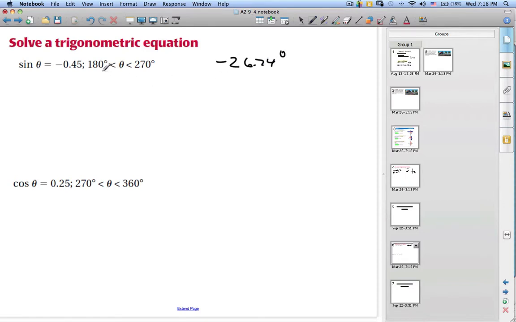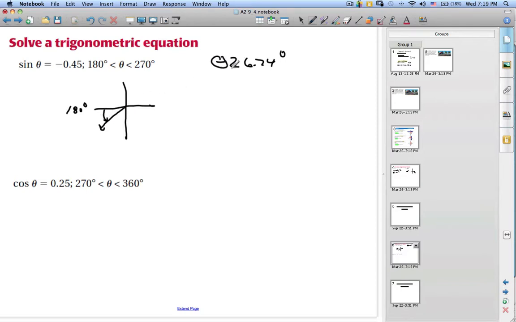We're saying that theta is going to be between 180 and 270 degrees. So what they've given me here is this reference angle, 26.74. So what's the angle that we actually have here?